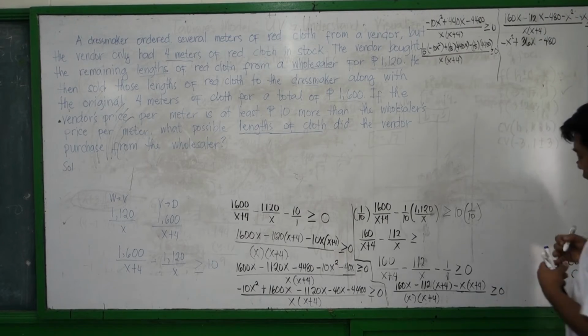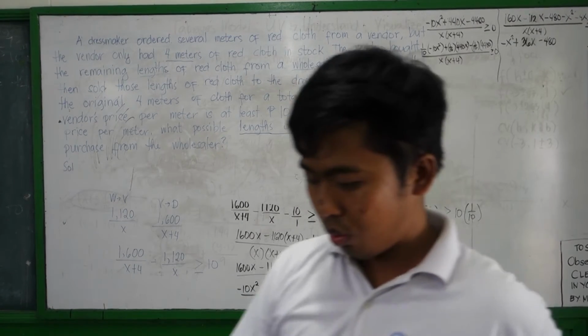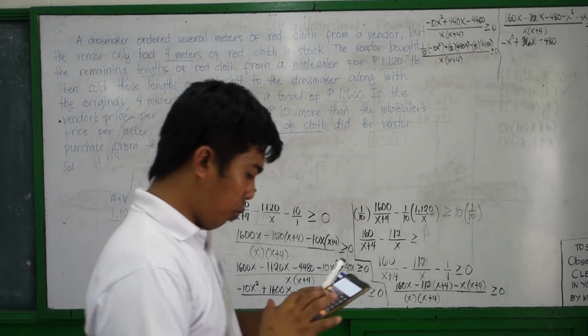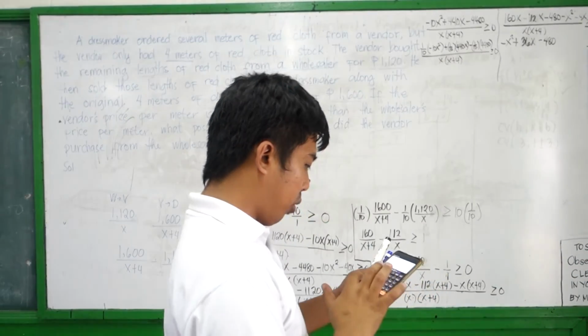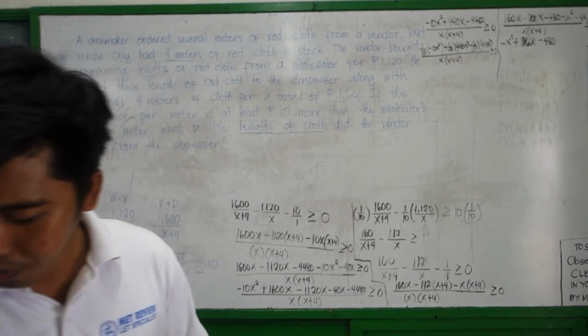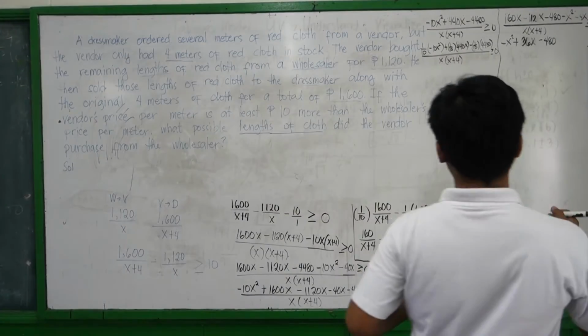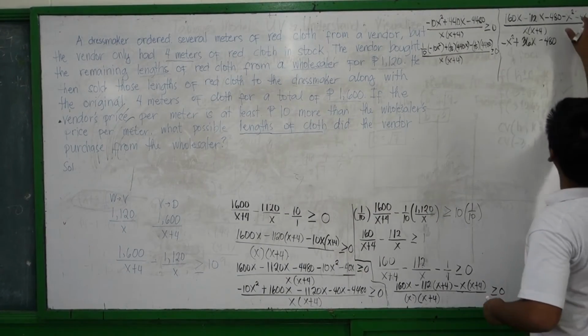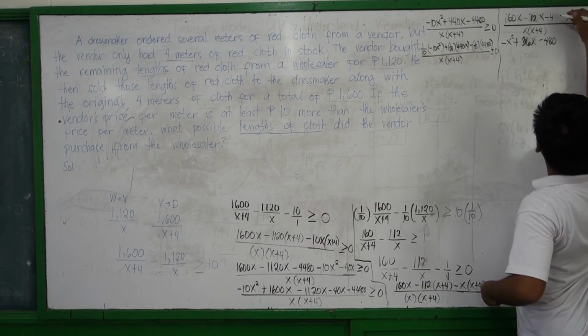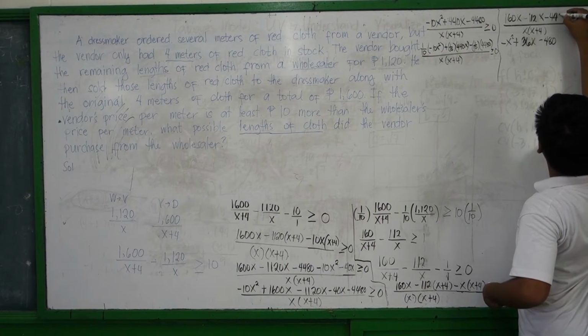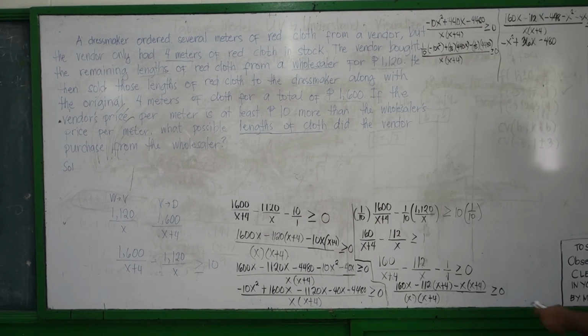And 112 times 4 is 448. Okay, 448, so there is no more mistake.